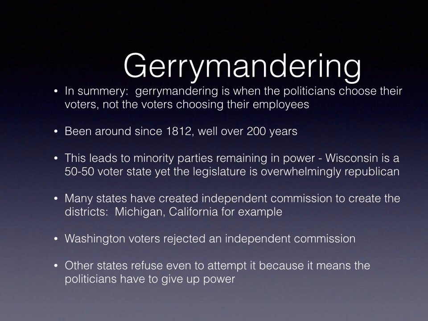And while many states have created independent commissions to create the districts, Michigan and California, for example, Washington voters rejected an independent commission, and other states refused to even attempt to do it because it means the politicians would have to give up their power.